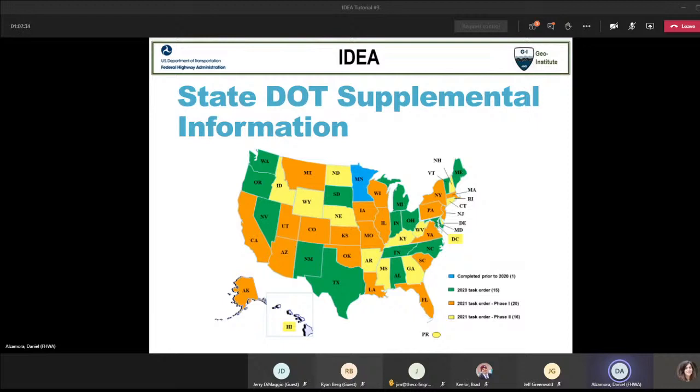We are currently in the process of putting together the contracting for phase 1 and phase 2 of the 2021 work. Phase 1 will be the states in orange, which cover 20 additional states. So I'm hoping to have all the greens, oranges and the blues completed by, say, the end of the summer of 2021.